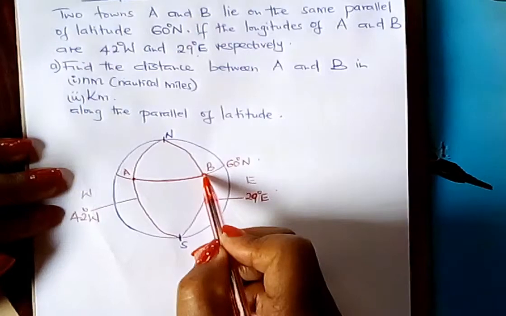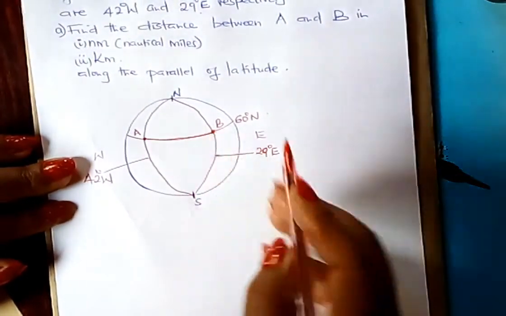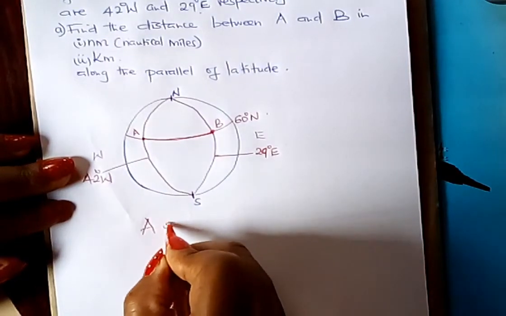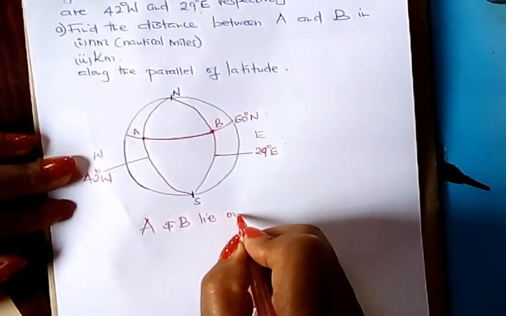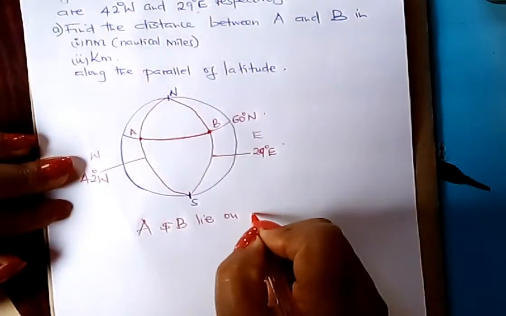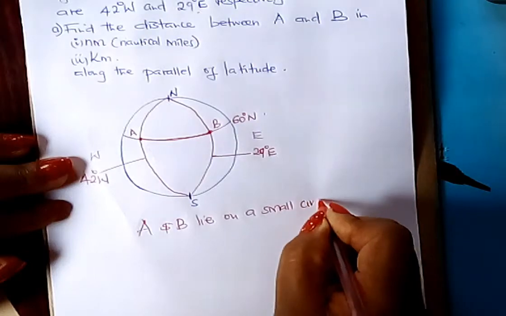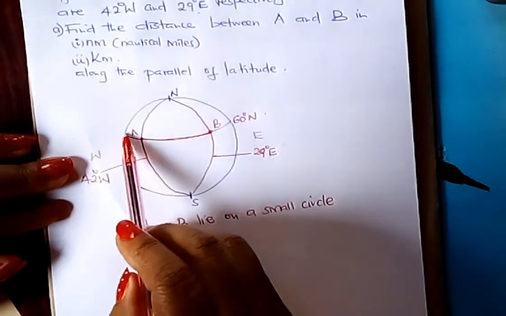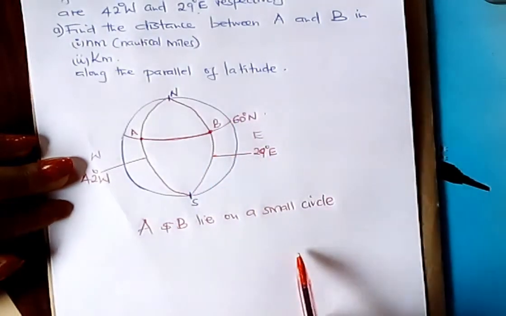B in nautical miles. Lana, to get this distance here, the first thing that we need to know is that A and B lie on a small circle. This is a small circle, 60 degrees to the north.